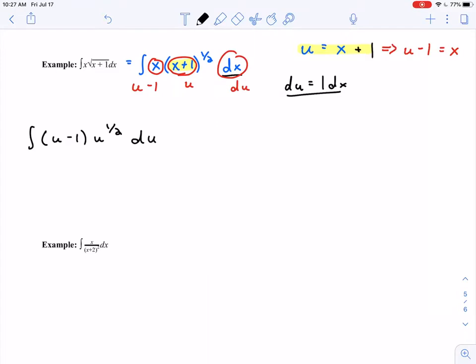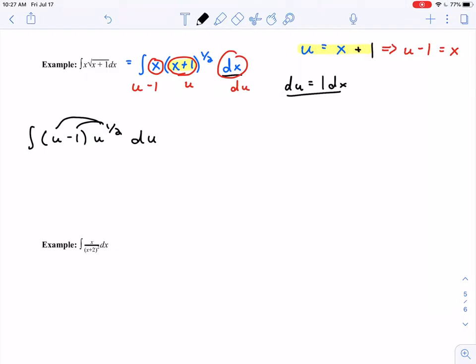You might look at that and say, well, big deal, Mr. H, this doesn't look any easier. And you're partially right. It's not substantially easier, but what this allows me to do is take this u to the 1/2 and distribute it through, because that u minus 1 does not have an exponent.